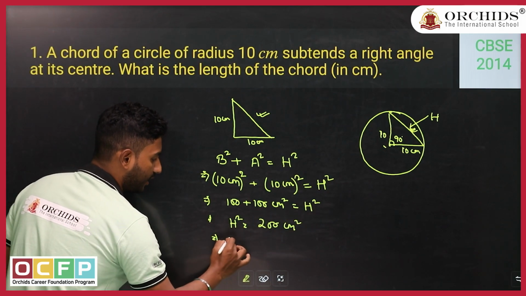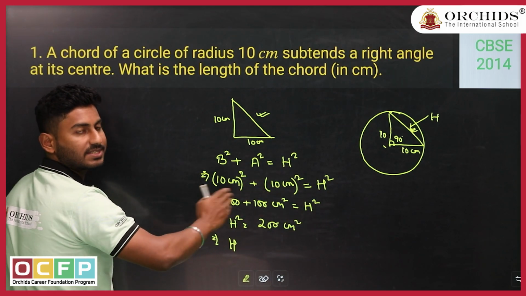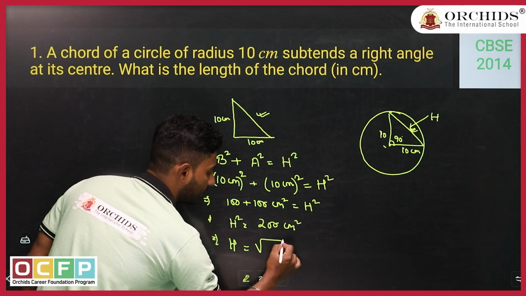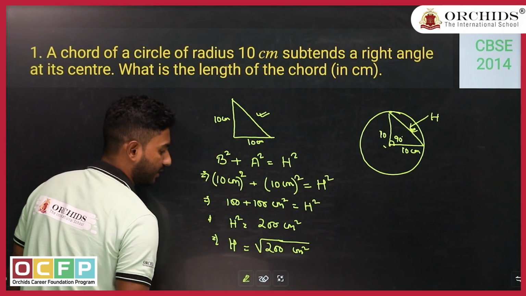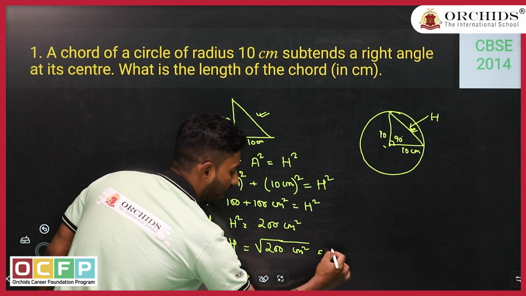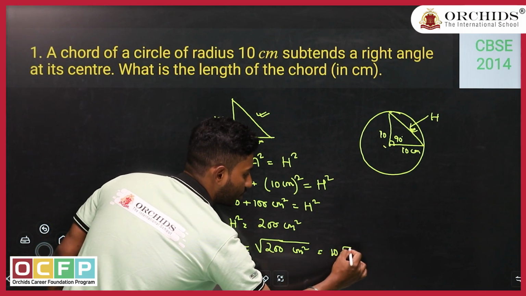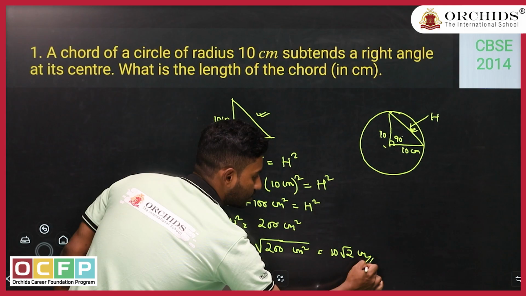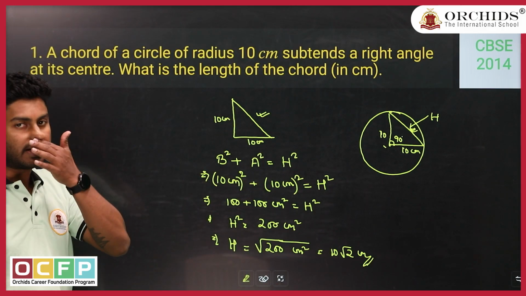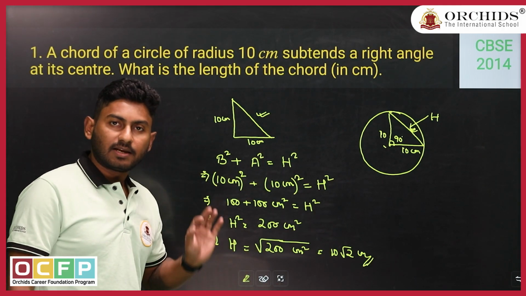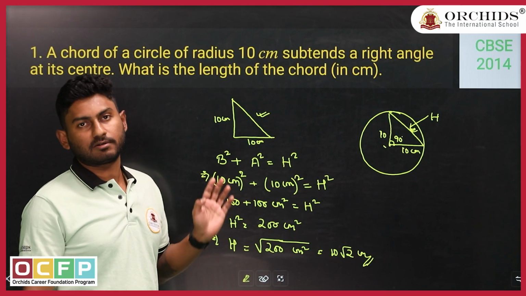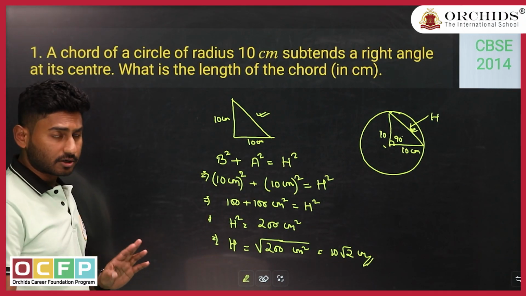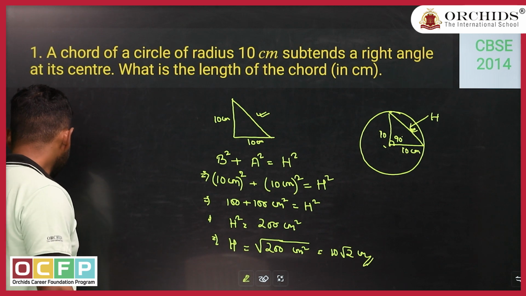To find h, take the square root on both sides. So you end up with 10 root 2 centimeter. If they ask what is the length of the chord, the length of the chord is 10 root 2. So this is one more thing that we need in this chapter, that is Pythagoras theorem. Let us go to the next question.